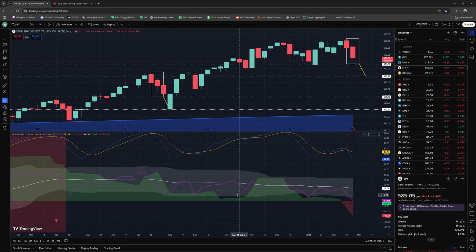But attached to the RSI is a Bollinger Band. Now, Bollinger Bands are wonderful because when the RSI exits the Bollinger Band, it is considered an extreme, either buy or sell. So when it's below the Bollinger Bands, that's considered an extreme buy.